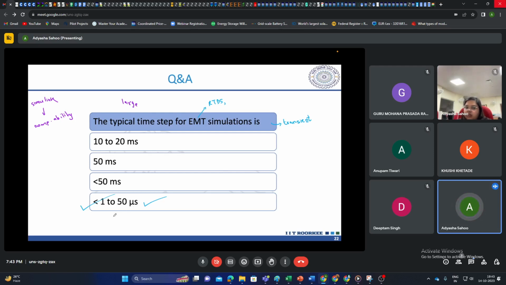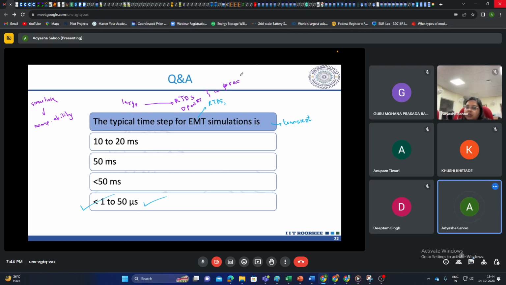Because the algorithms need to run in this time scale. So for that, we are going for RTDS and OpenRT platforms, which are electromagnetic transient type simulators. These have high computational ability, which can process this much amount of information in this amount of time, so that you can get a flavor of what the practical scenario will be after deployment.